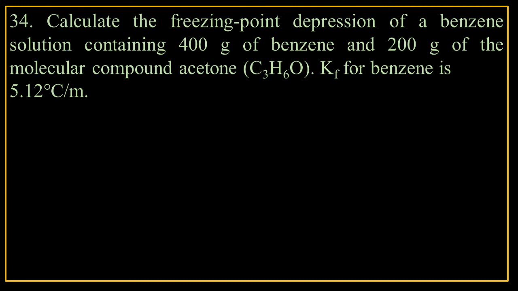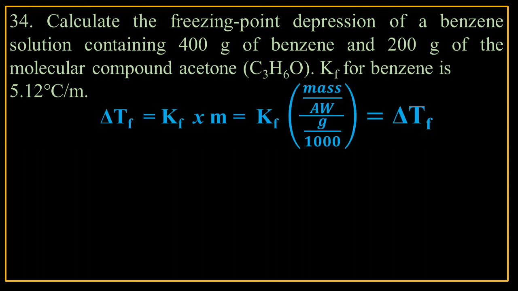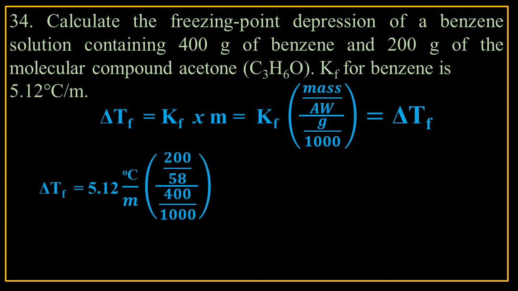Calculate the freezing point depression of a benzene solution containing 400 grams of benzene and 200 grams of the molecular compound acetone. The Kf for benzene is 5.12 degrees Celsius per molal. So this is the equation for the calculation of the freezing point depression.